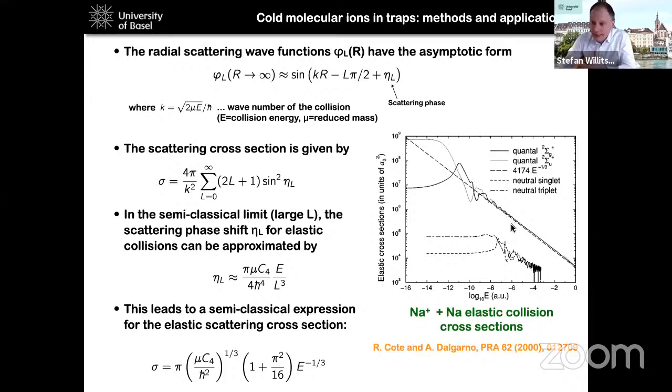So especially in the regime that we will be working, that is millikelvins and above, typically for ion neutral interactions, we are still in the semi-classical limit with many partial waves.